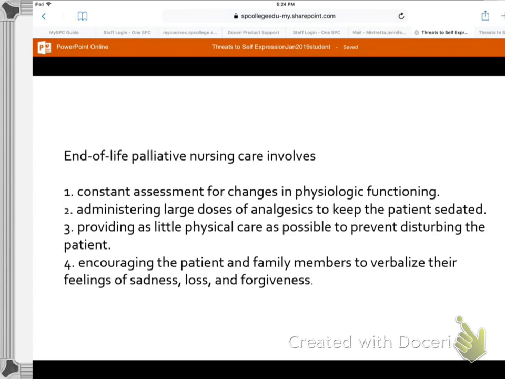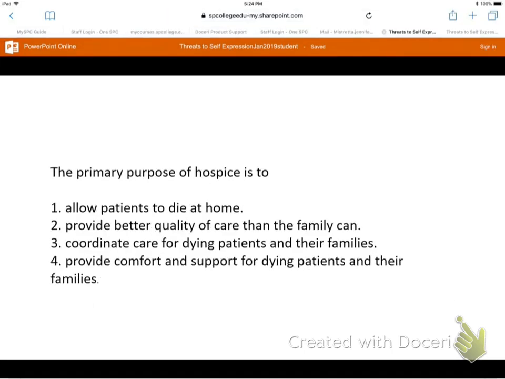End-of-life palliative care nursing involves what? Encouraging the patient and the family members to verbalize their feelings of sadness, loss, and forgiveness.